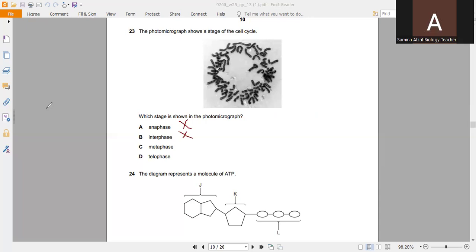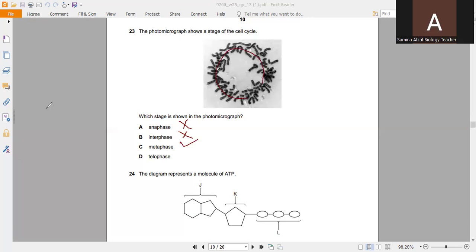So metaphase is correct, because the photomicrograph is a classic squash preparation. Condensed distinct chromosomes are arranged in a circular alignment around the equator of the cell. So this shows that this is the metaphase.